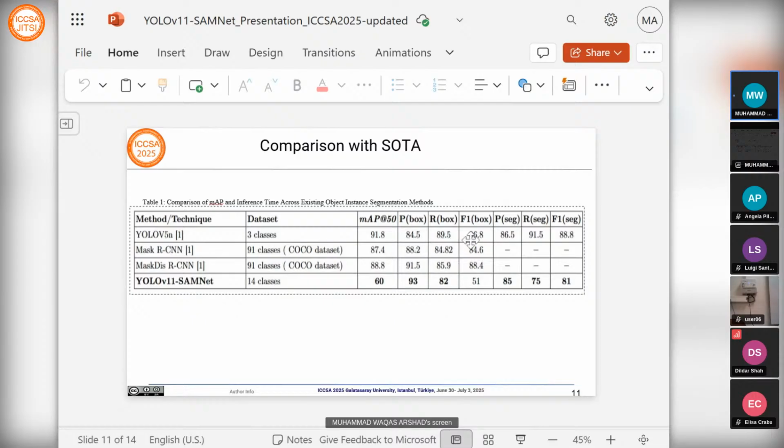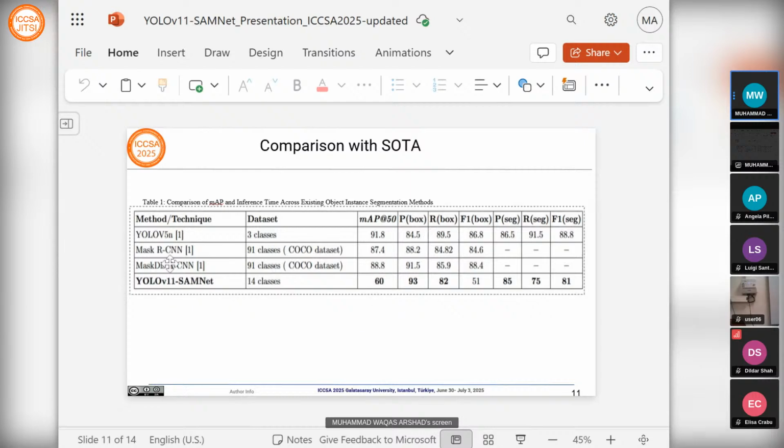The other one is the 14 classes, and compared to those three classes, it gives more accuracy. So it's also kind of an improvement. But yeah, the dataset is different, which is one thing that needs to be ensured.